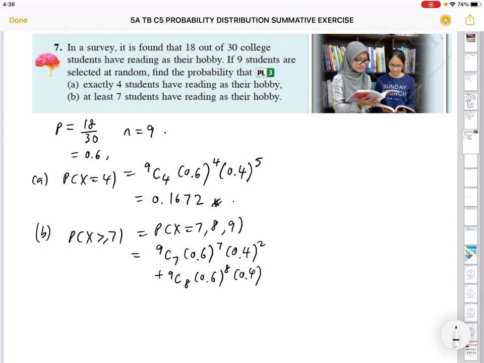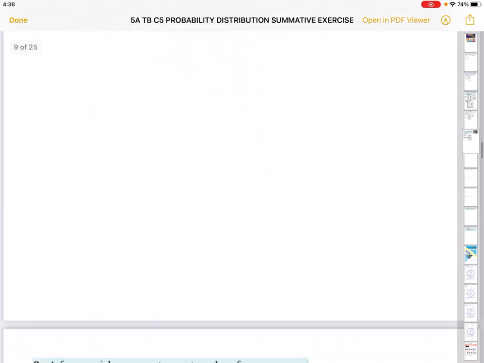And 9 choose 9. This will be power 9. This will be power 0. Again, use your calculator. 0.2318. So I would say binomial is the easiest among all three parts of this chapter. Yeah, much easier than normal distribution and as well as the discrete random variable.